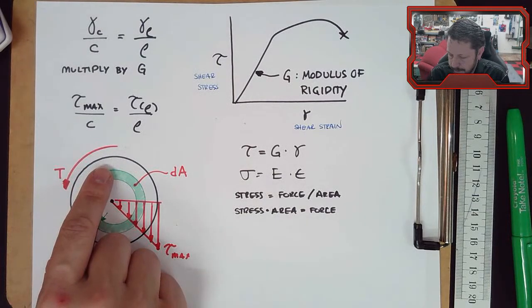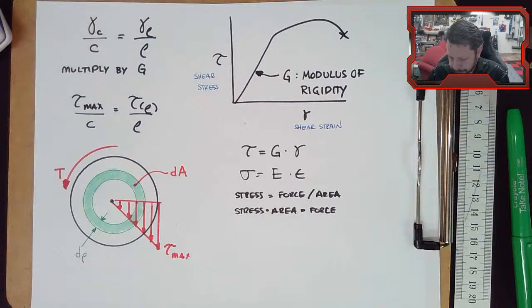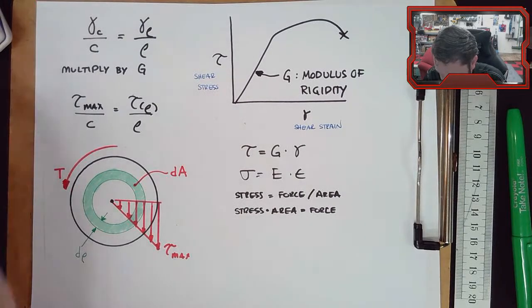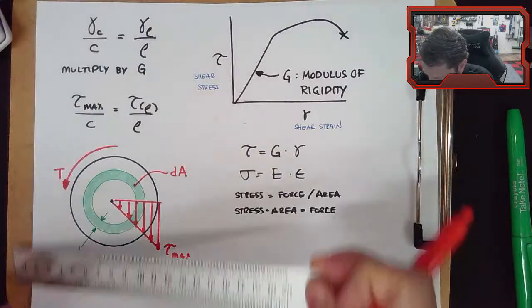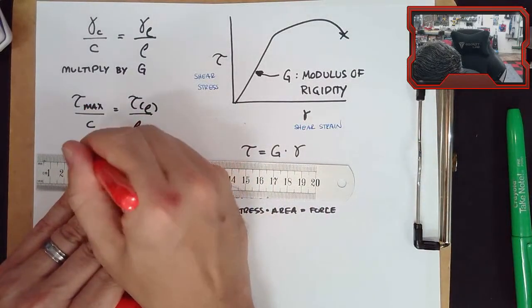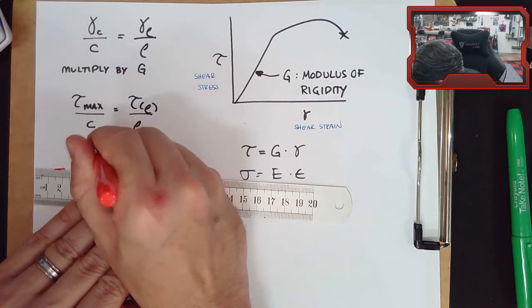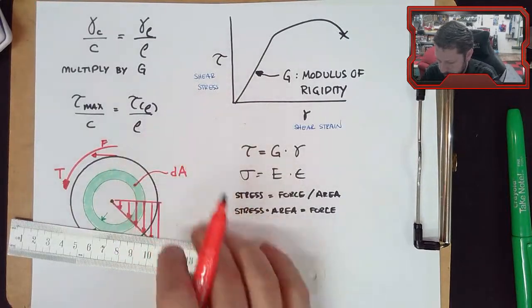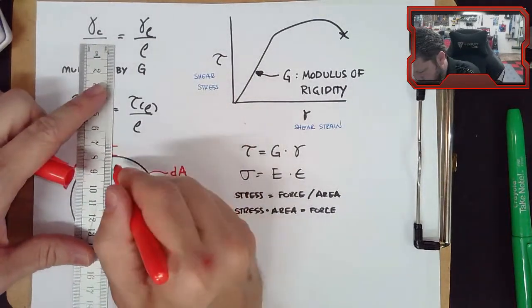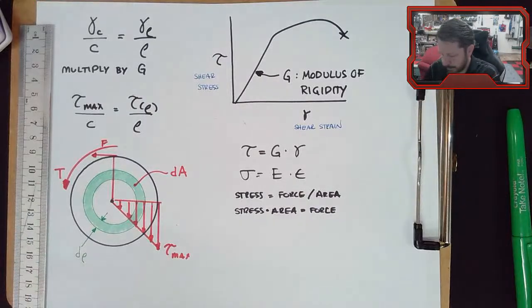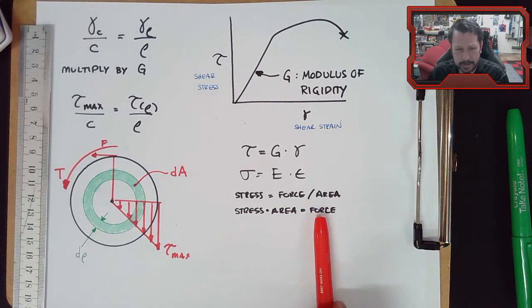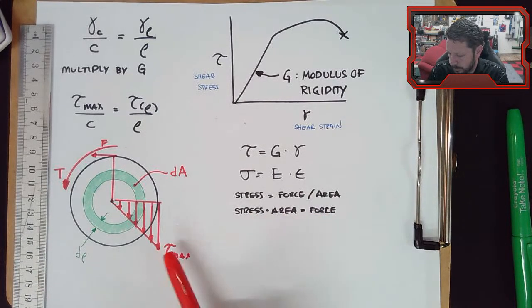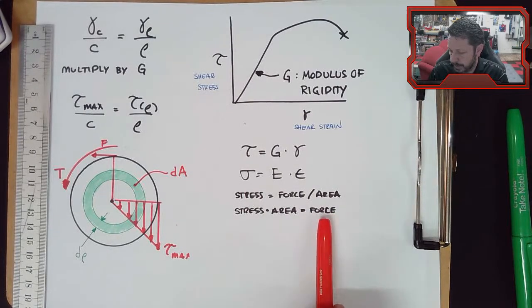All that to say that this torque was created by a force that was applied at some distance. And that force is right here, or it can be right here. Stress times area. Stress times area will give me that force.